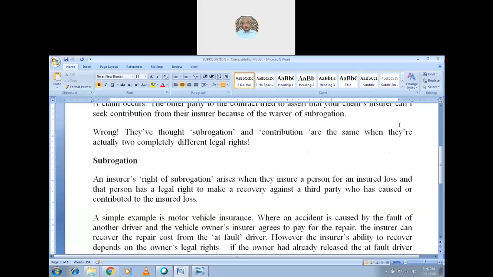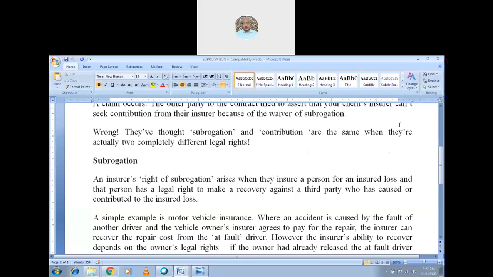So where an accident is caused by the fault of the opposite driver, and the vehicle owner's insurer agrees to pay for the repair, the insurer can recover the repair cost from the at-fault driver.